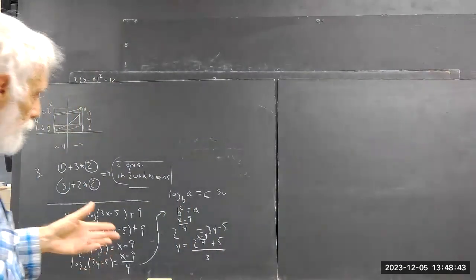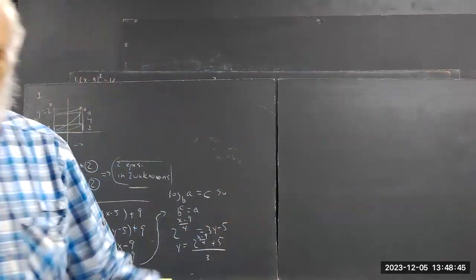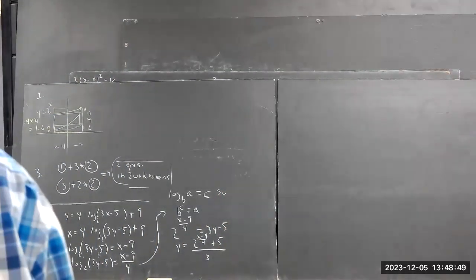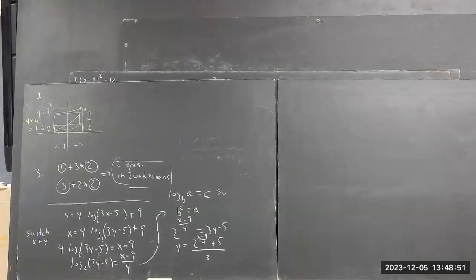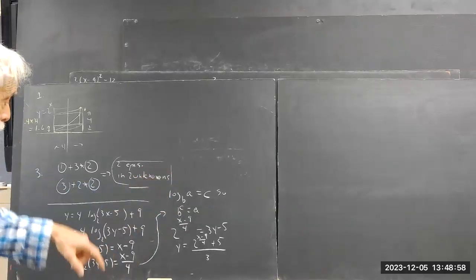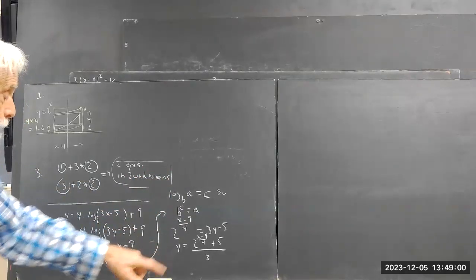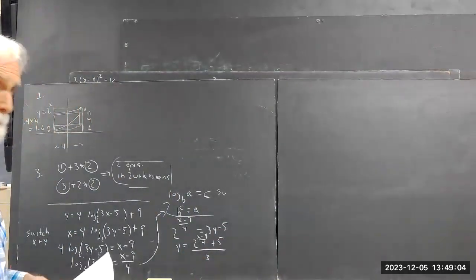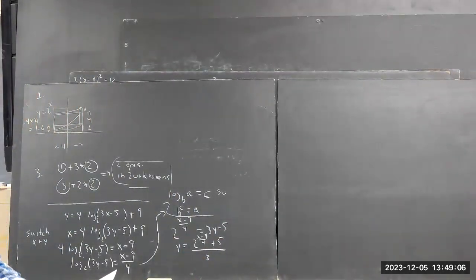That could be simplified a little bit, but I'd accept that for this course. I'd be even happier if you simplify it. But all we did was switch x and y, and then do what we know how to do to convert the log form to the exponential form. Just make sure you're good with that process.